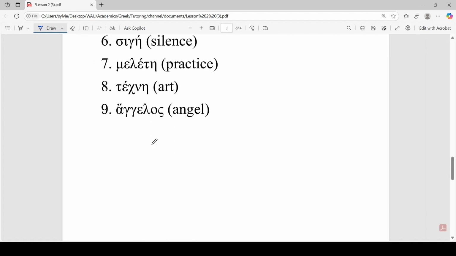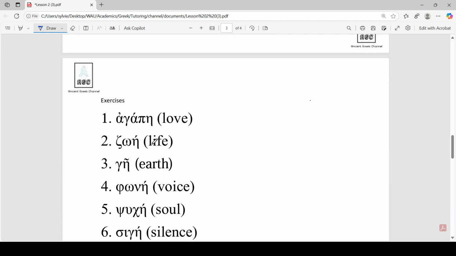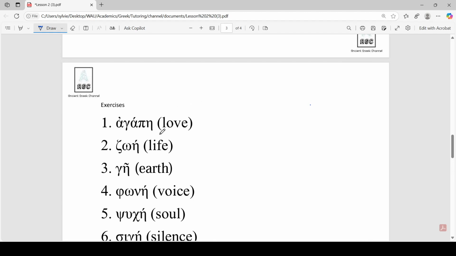We have a list of 19 words with their English meaning, and we're going to try to pronounce them, okay? Taking into account the diacritical marks. So now we get into serious stuff. We get into real, proper Greek pronunciation. Let's start off.